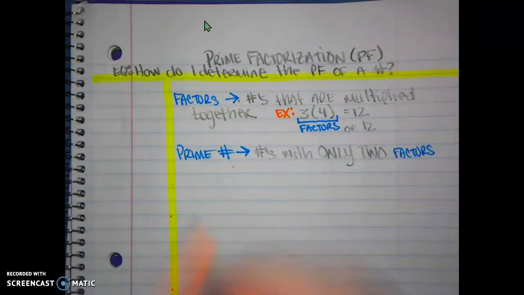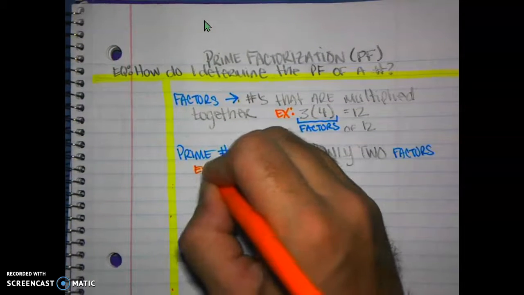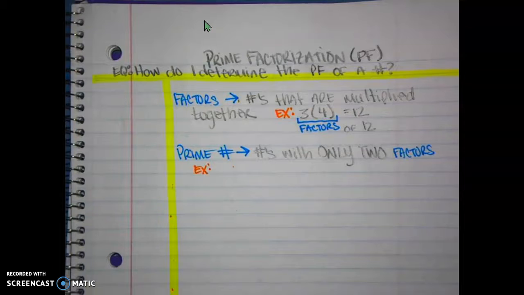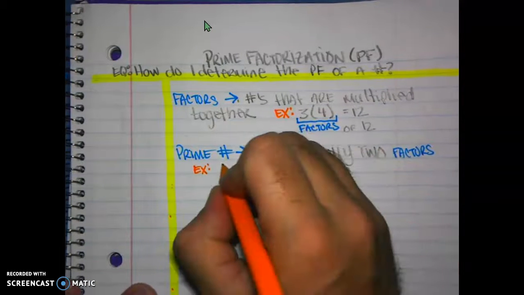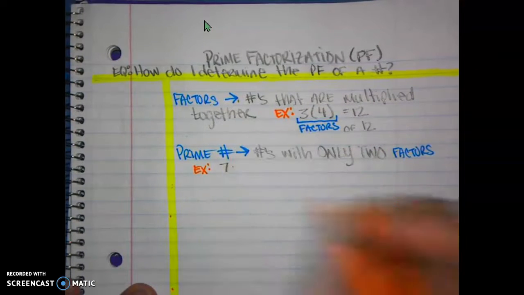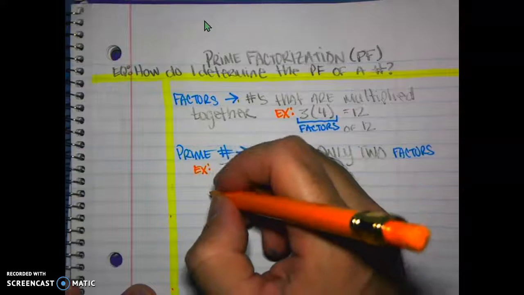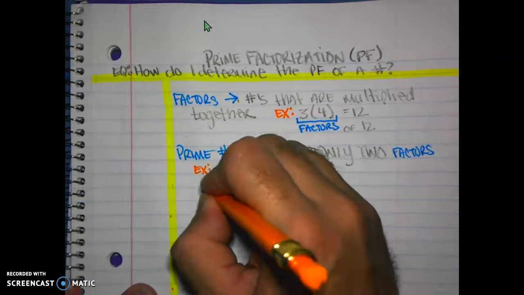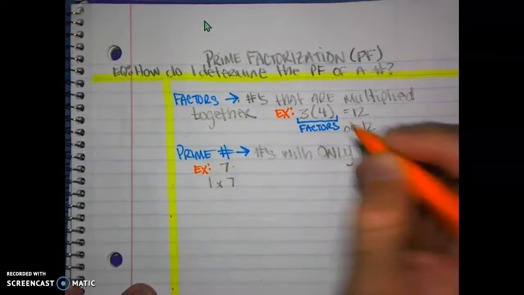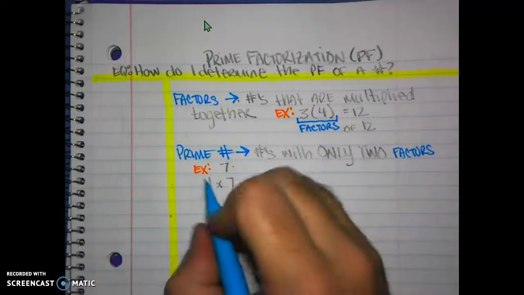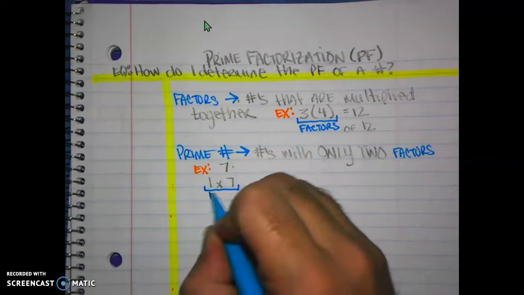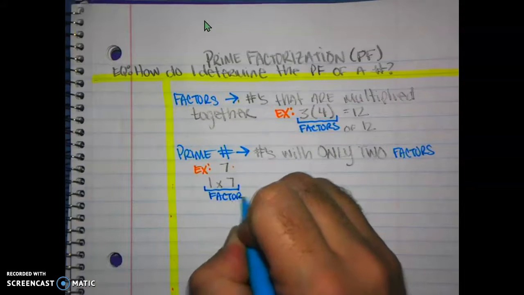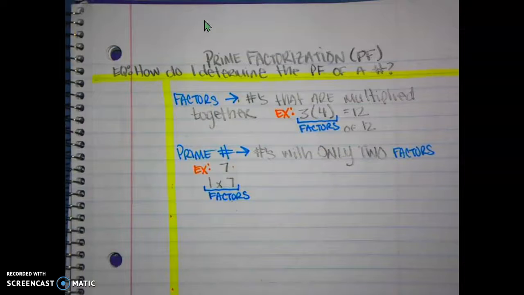For example, you have the number 7. That is prime because the factors are only 1 times 7. Those are the only factors of 7. All right, so this makes this a prime number.